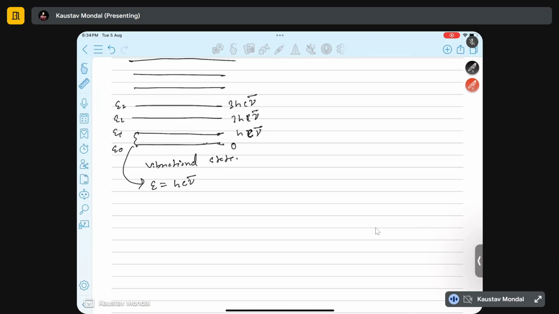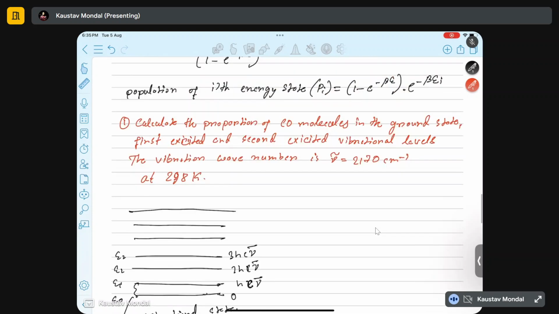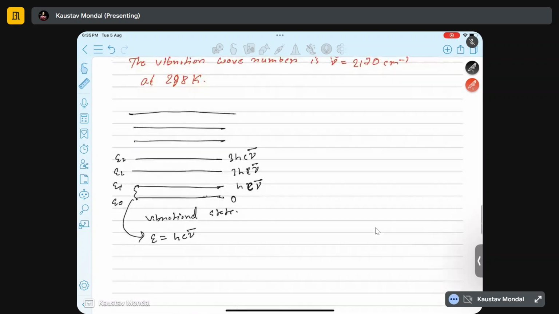For this type of problem, we will use the same formulas that we derived earlier for a uniform energy ladder, and from there we calculate the distribution of the particles in the different states: first, second, third, like this.